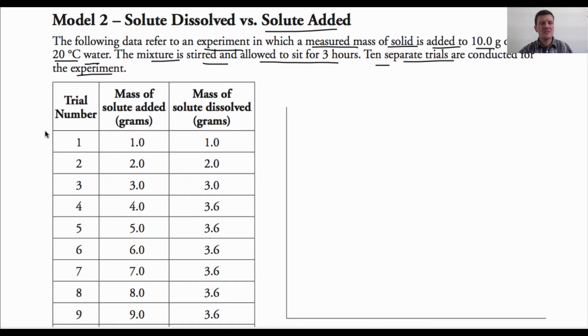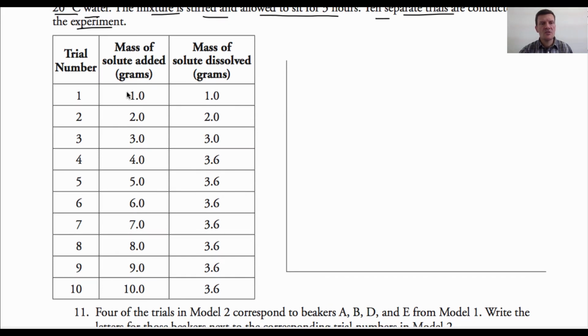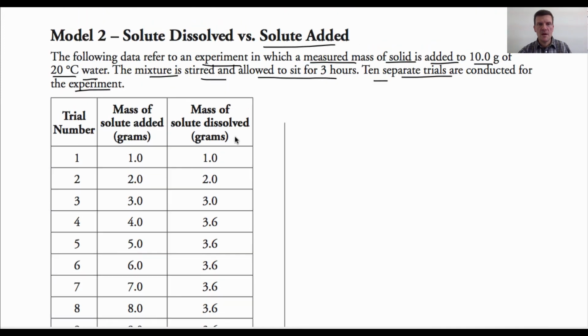It's always a good idea to do a lot of trials because then you're averaging things out. Maybe one is too high, too low, and you have the average as a result. But in this case, the reason we're doing 10 trials is because we're going to change the mass of the solute. That's going to increase, and we're going to see the mass of the solute that did dissolve.